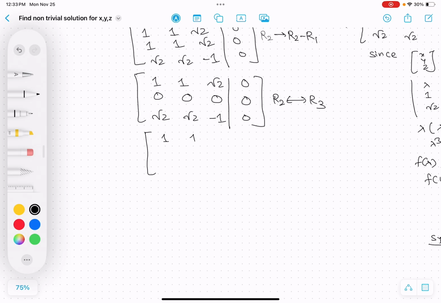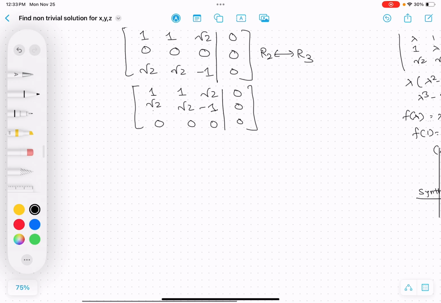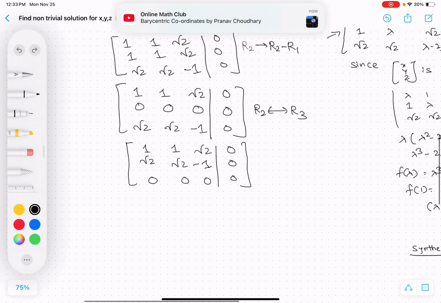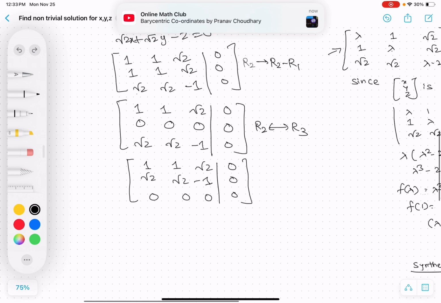This is 1, 1, row 2, 0. So root 2 minus 1, 0, 0, 0, 0, 0, right? Now, in the hope that we make this one over here 0, I could have actually made this 0 in the first step itself.